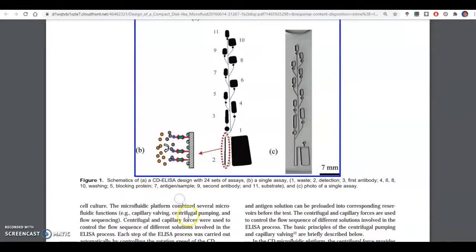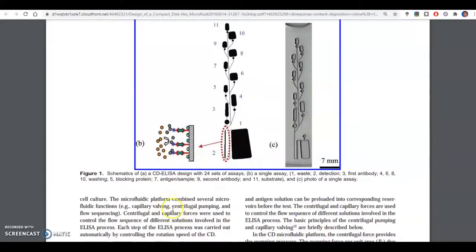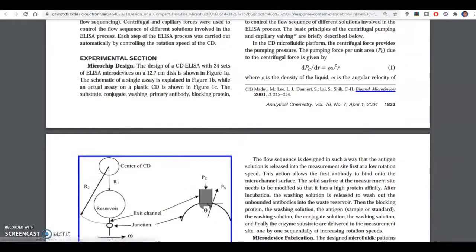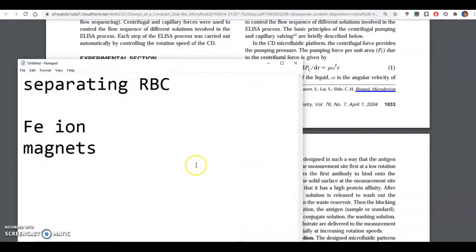If you don't know what ELISA means, you can quickly Google it. Basically it's just a chemical test for bodily fluids. It could be blood, it could be something else, by using certain reagents. Reagents are just chemical compounds that combine with certain things, so that when combined, you can see them, or you can measure them.